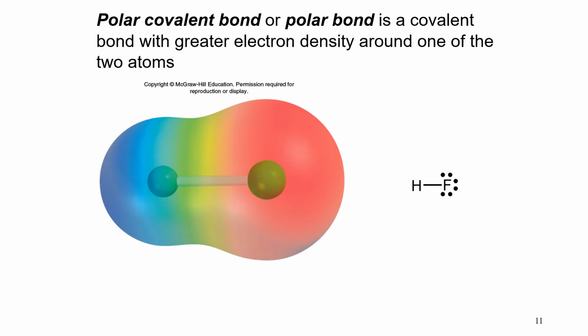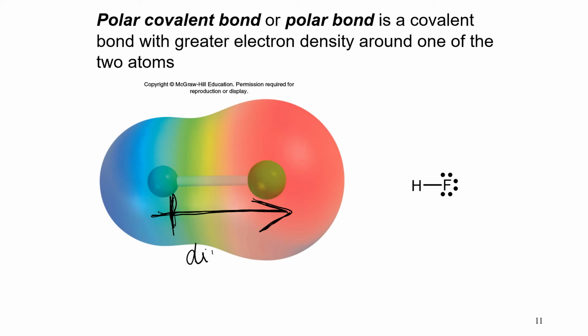Fluorine is, we know, the most electronegative element on the periodic table. Hydrogen is less electronegative, so the electron density is going to be shifted toward that fluorine atom. And we draw this arrow with a cross here to indicate a dipole.